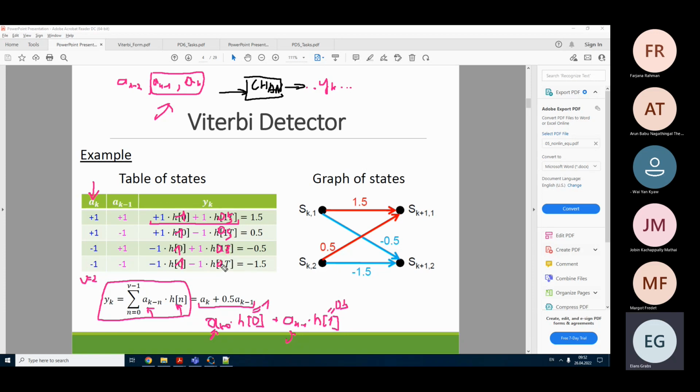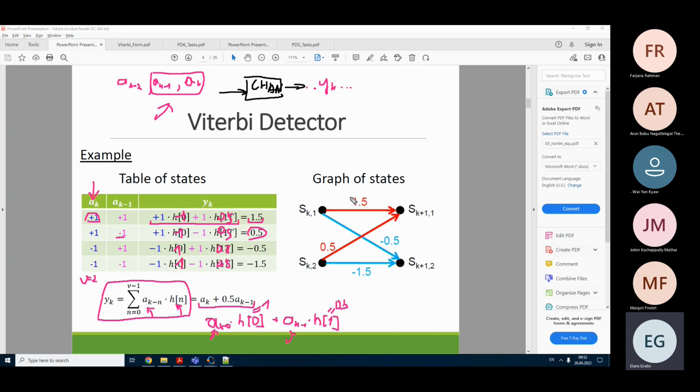So we have calculated all the possible outputs of our channel, and that means that if we send symbol +1 currently at this moment, and the previous symbol was also +1, then the output is going to be 1.5. If the previous symbol, however, was -1, the output is going to be 0.5.